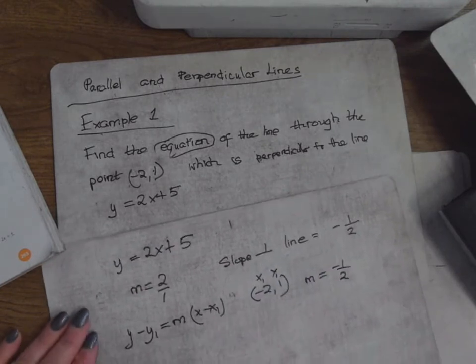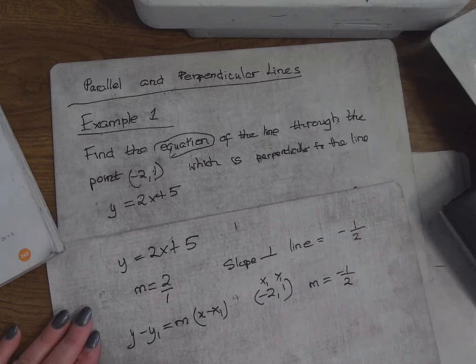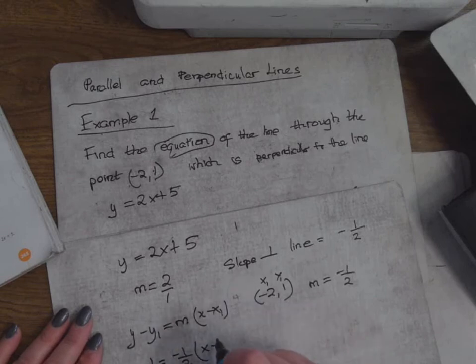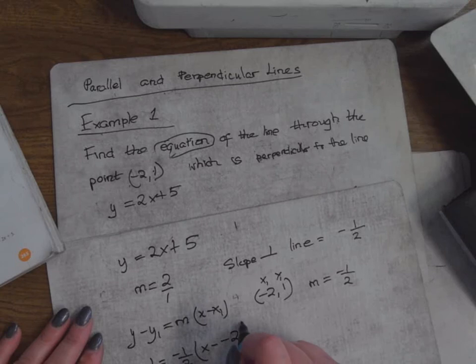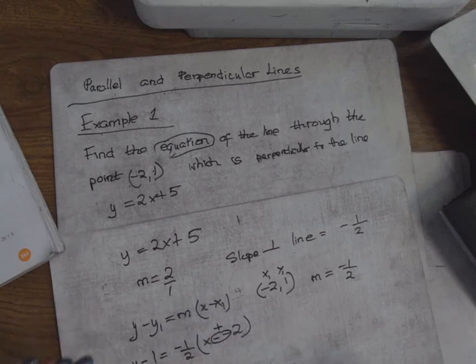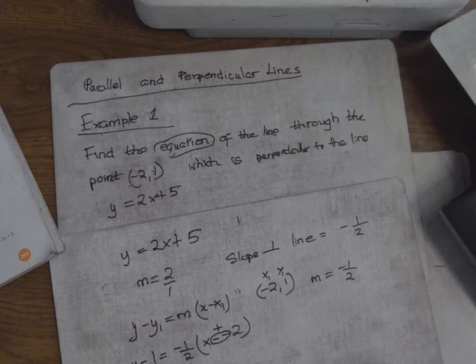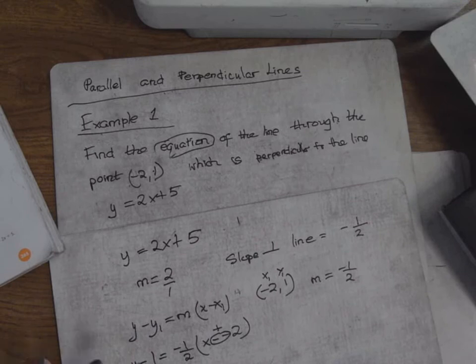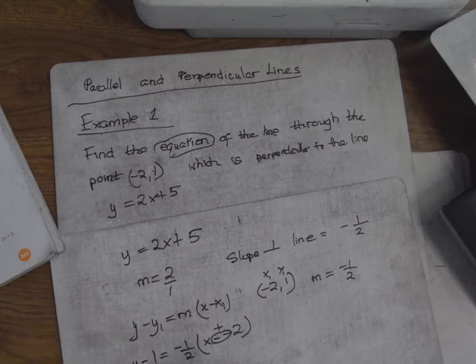So it's y minus 1 equals minus a half into x minus and then minus 2. Okay, 2 minuses in a row will give me a plus. Now, does anyone remember what you do with the fraction? How do you figure out the fraction? What do I bring up at this side?